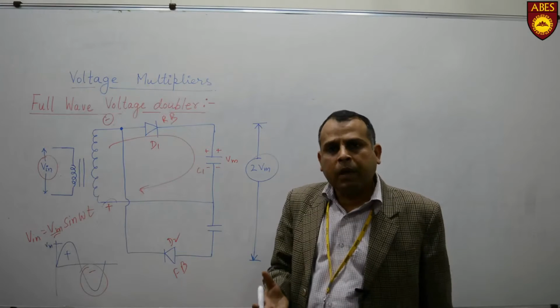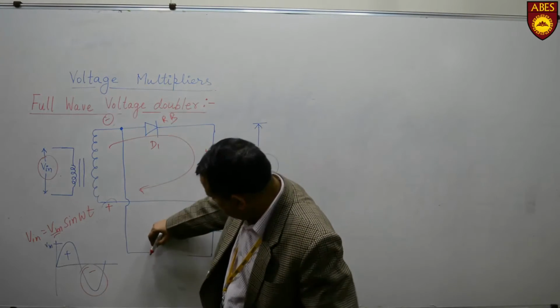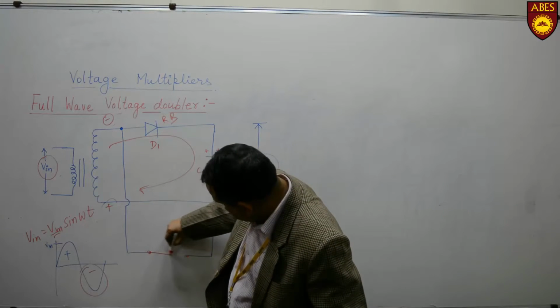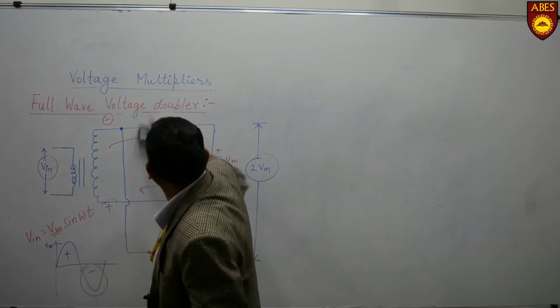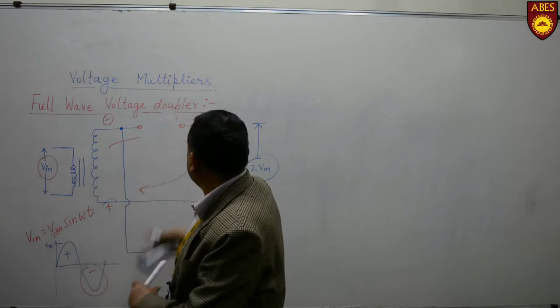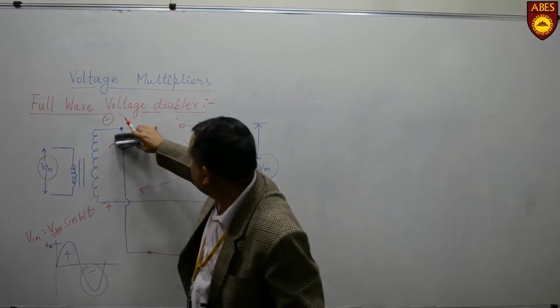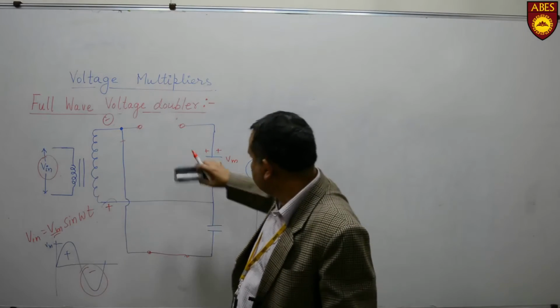Forward biased means short circuit, so you can show it like this, and reverse bias means open circuit, so you can show it like this.